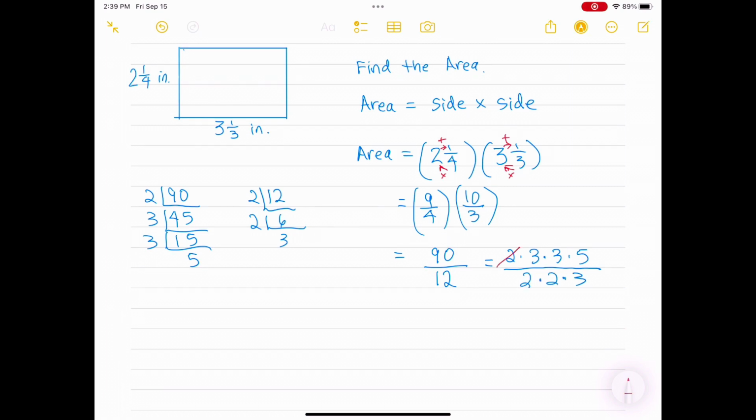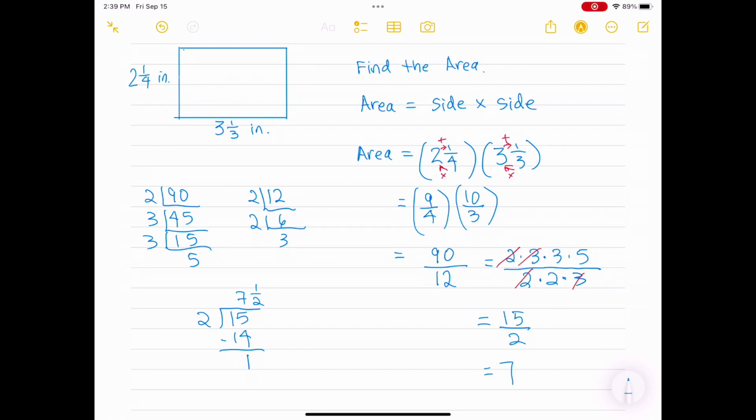And then I cancel out like factors from both numerator and denominator, which leaves 15 in the numerator and 2 in the denominator. So 15 halves, or 15 divided by 2, which works out to be 7 1/2.